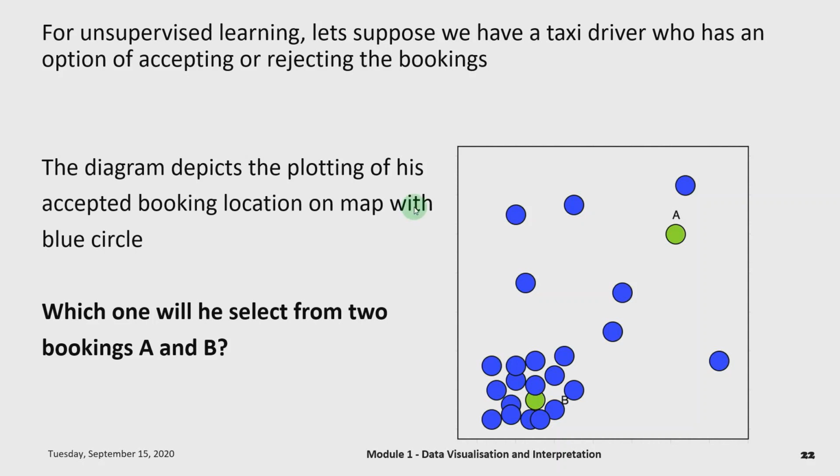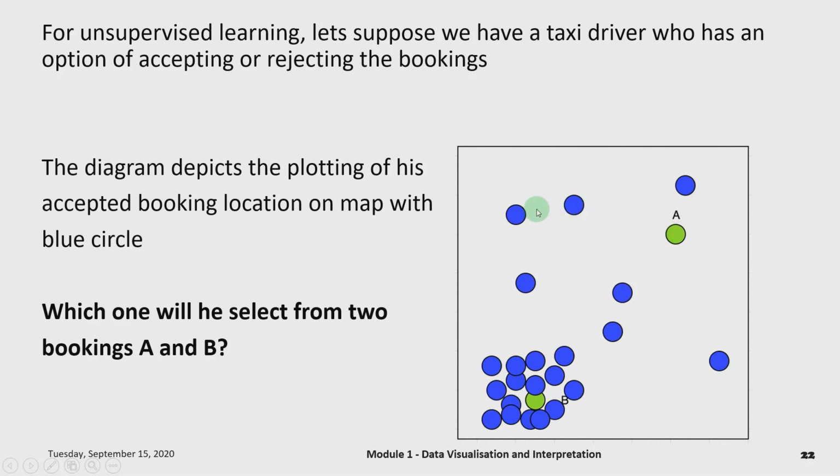So what we are seeing in this table over here is the map diagram of a taxi driver who has accepted the bookings. Suppose this user over here pinged him with his location for calling a taxi, and he was nearby, so he picked up this booking.